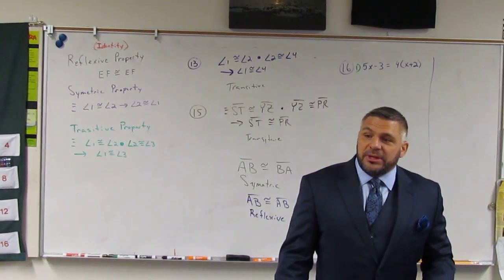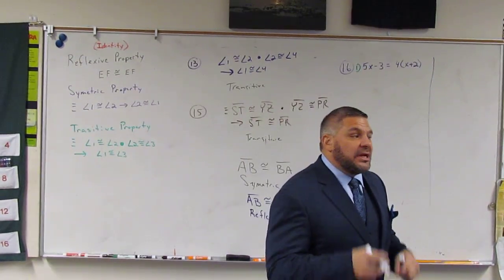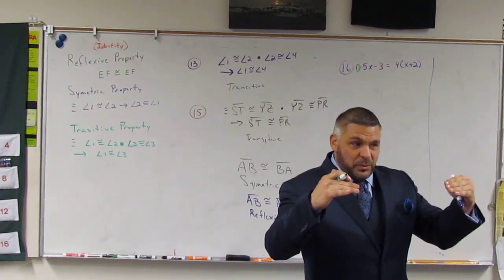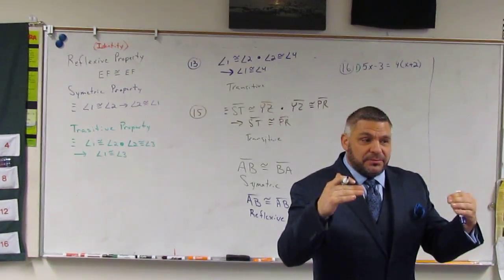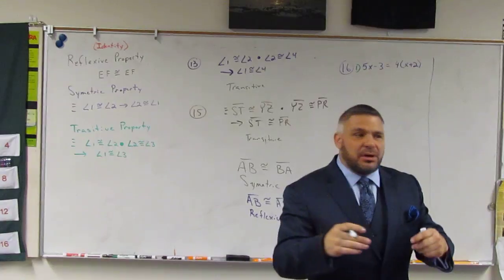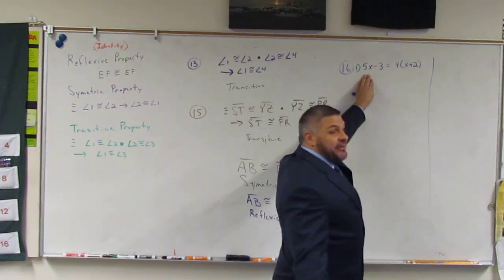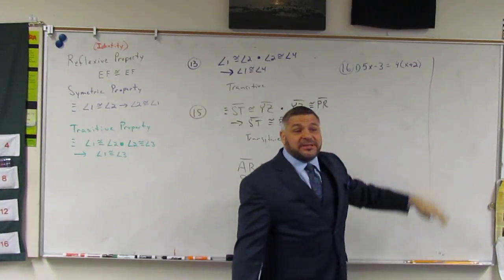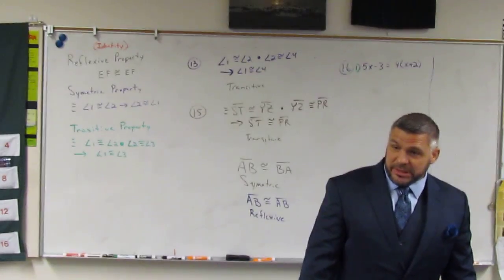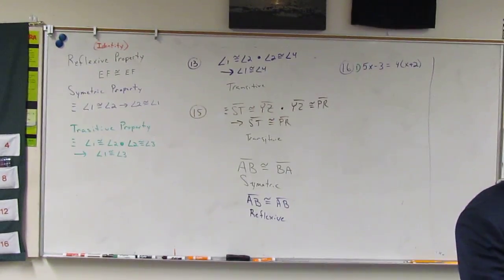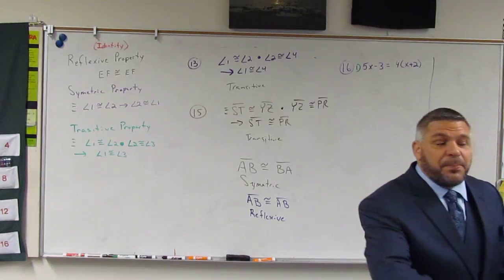Okay? So when they're giving you a proof, they're going to give you something. They're going to say A equals B, or 5x minus 3 equals 4x plus 2. Then you've got to prove it.